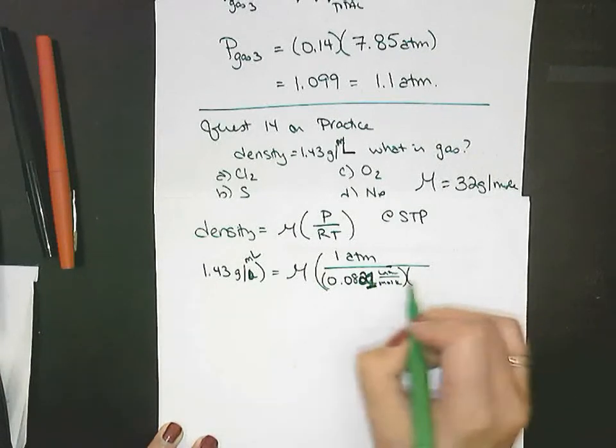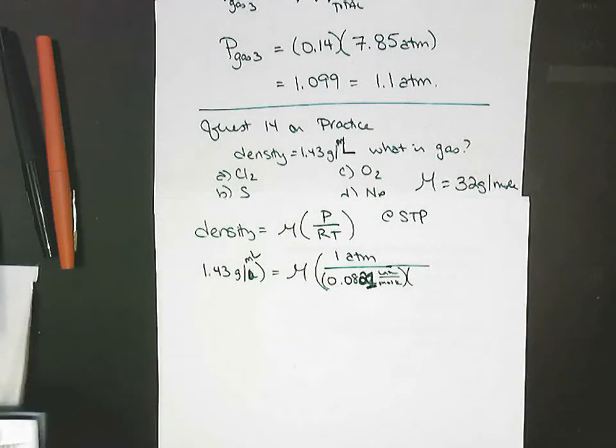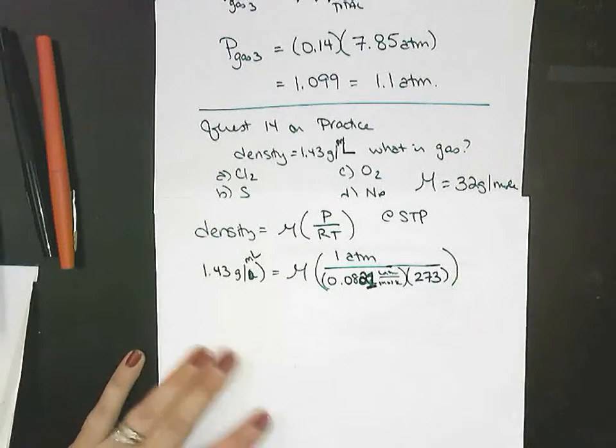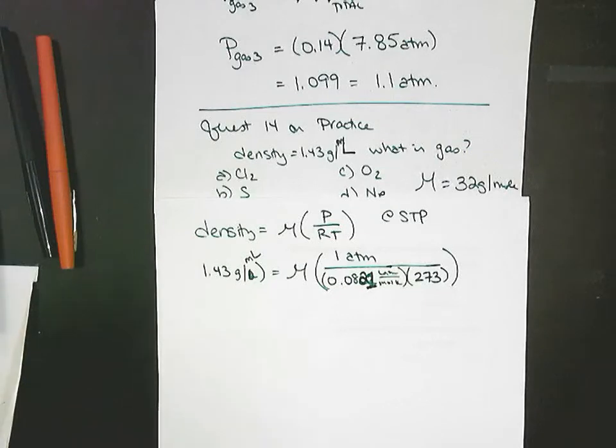And temperature is 273 at STP. All right, so 1 divided by 0.0821 times 273.